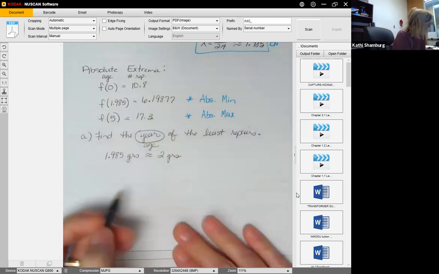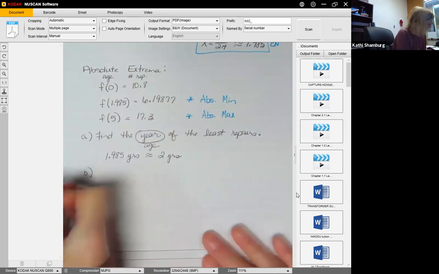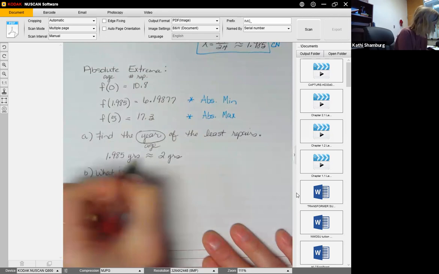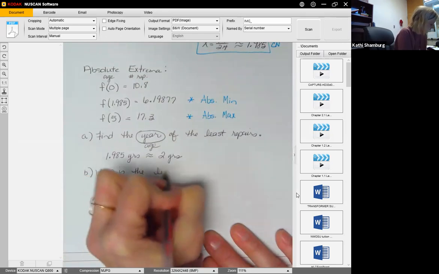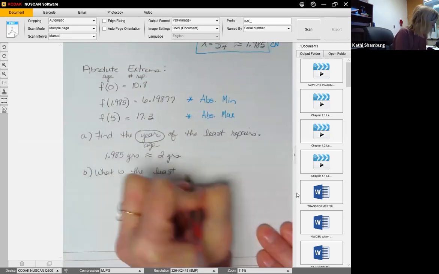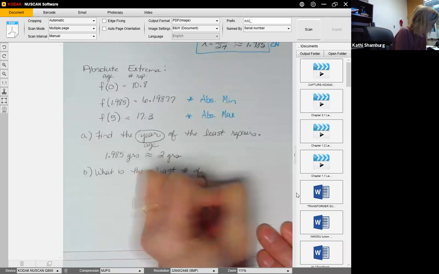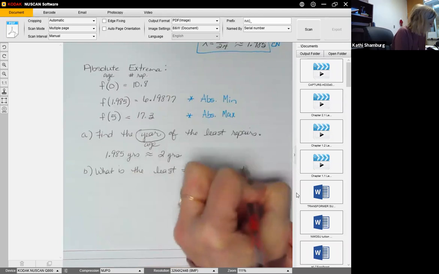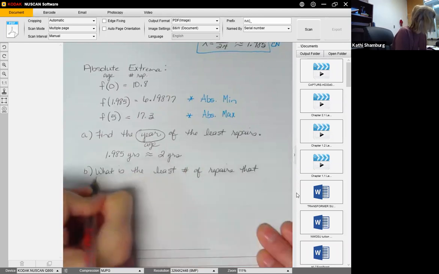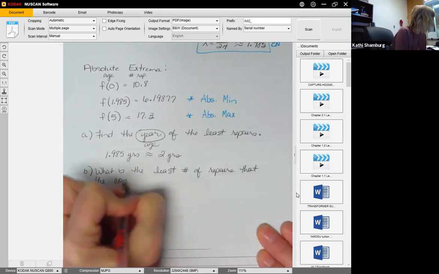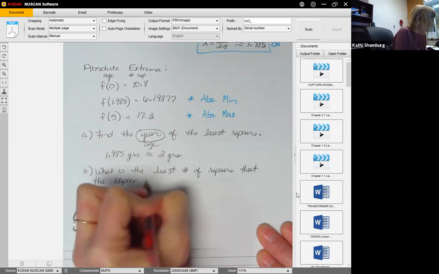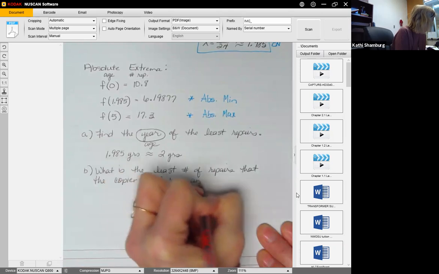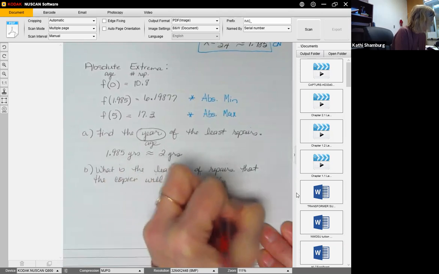All right. Another question that might be asked. What is the least number of repairs that the copier will require annually?